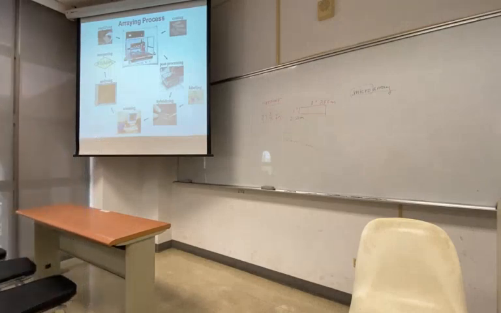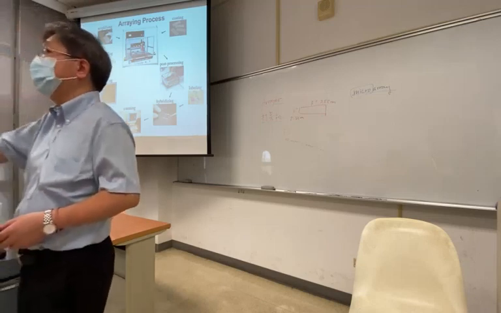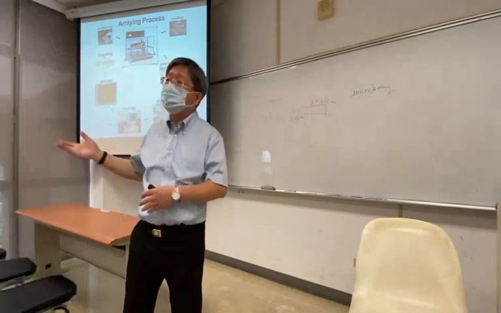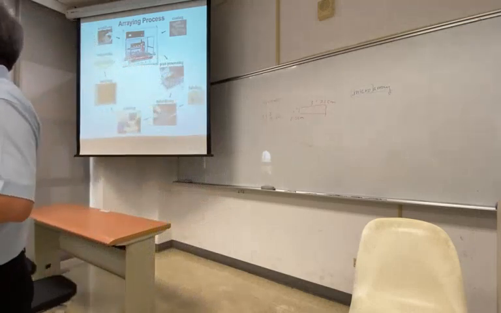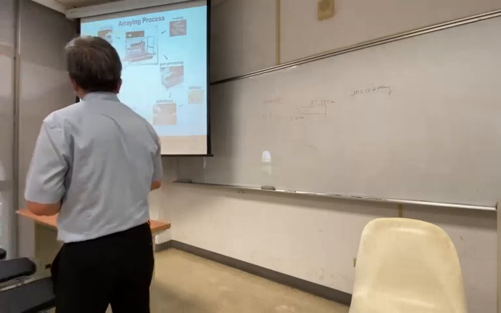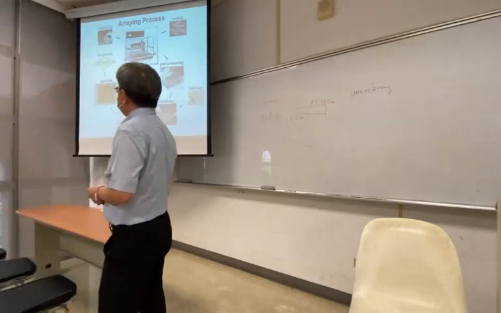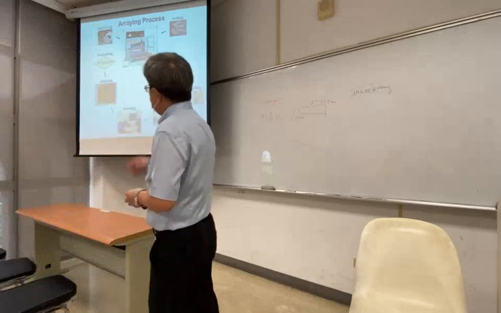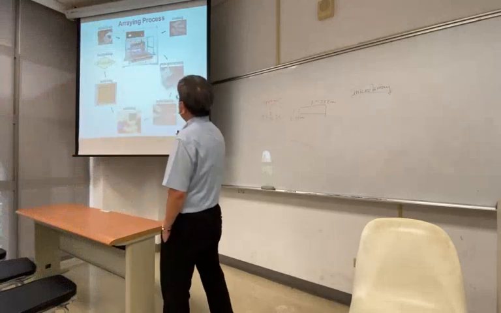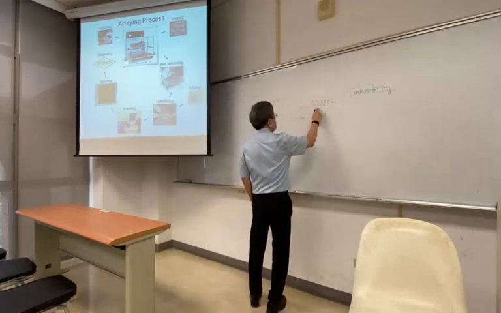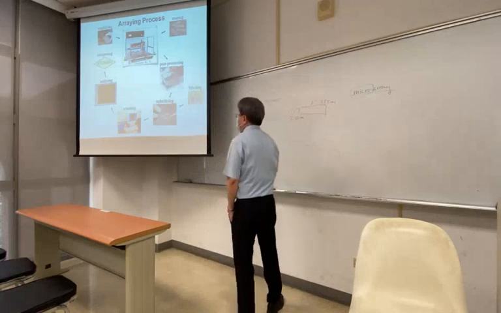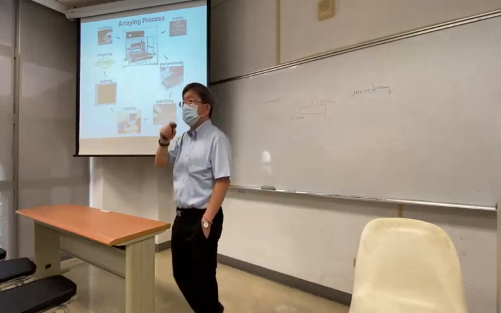At that time, we were still printing our own arrays. But nowadays, we don't do that because we're going to discuss the commercial platforms. Commercial arrays are way better than our own in-house printing. So anyway, for 20,000 spots on 100 slides, it takes about 16 hours.